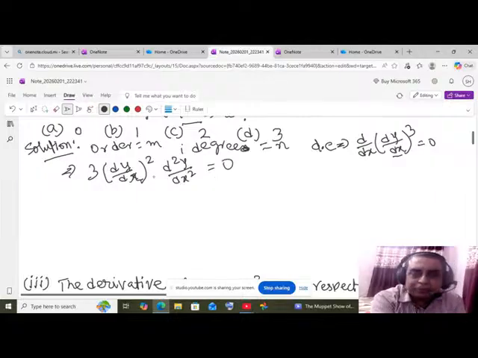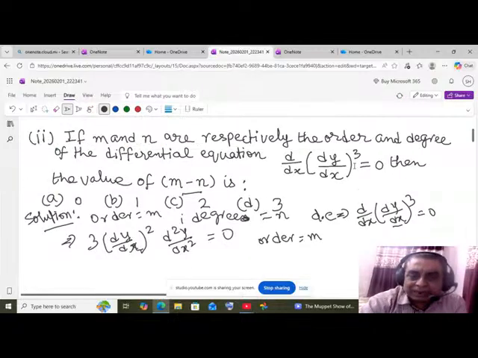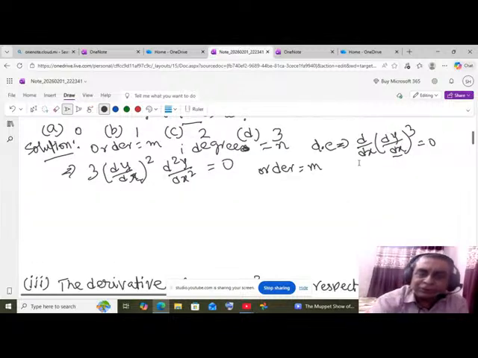On simplification, this is the differential equation. The order is the highest differential coefficient, so the order is 2 because of d squared y by dx squared, and order is m. The power of d squared y by dx squared is 1.